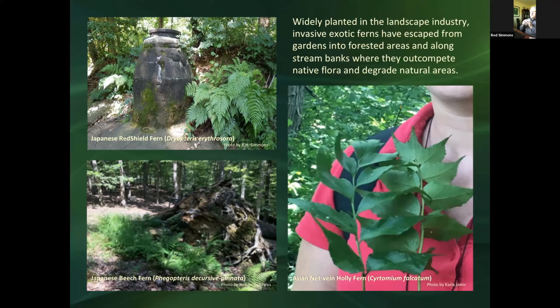You find it in people's yards everywhere. One of the reasons is that the nurseries aren't growing the native ferns, or because it's a lot easier to propagate these non-native species. And most of these non-native ferns, most, if not all of them, are invasive, highly invasive, some.